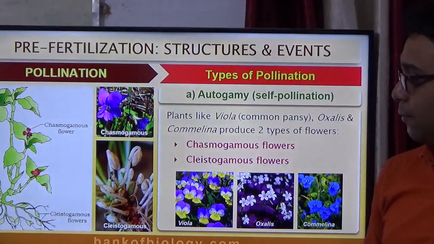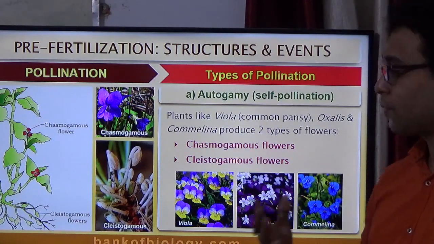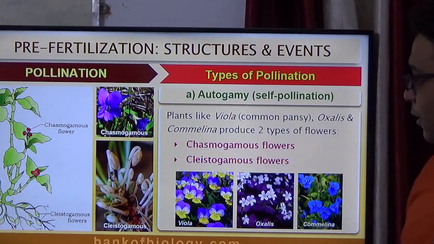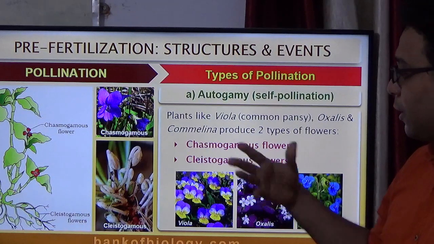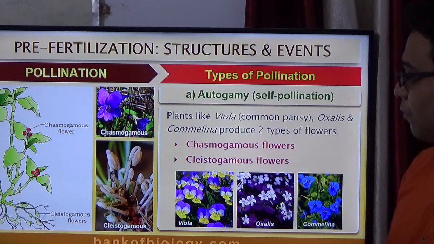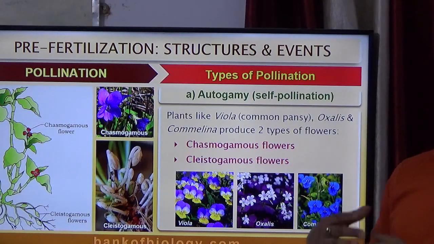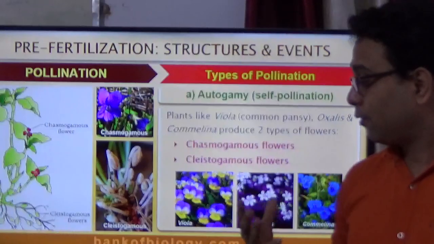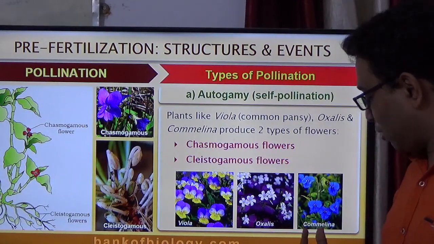Now we discuss this, but bear in mind that in your NCERT book three plants are there: Viola, Oxalis and Commelina. They produce two types of flowers, chasmogamous and cleistogamous. So it is the most important thing, but now we discuss the important features of Viola, Oxalis and Commelina.